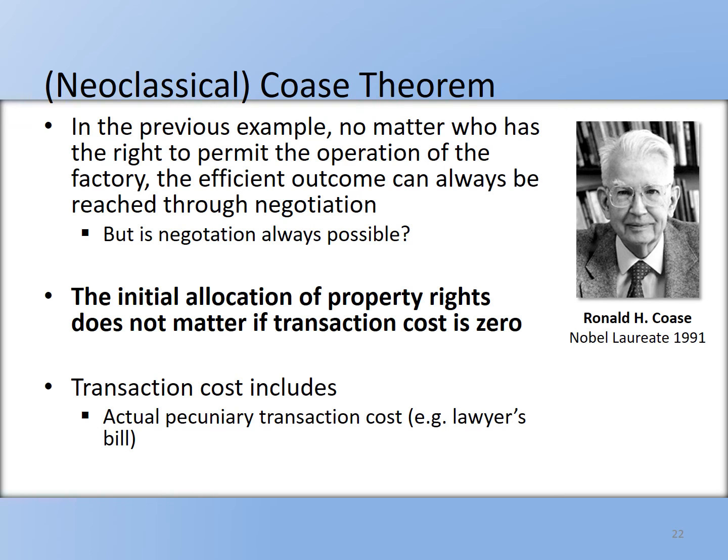So there's no point. The Coase theorem only says that if we can negotiate, then the efficient outcome will occur. But where the benefit is too small and the cost of negotiation is very high, it might not happen.